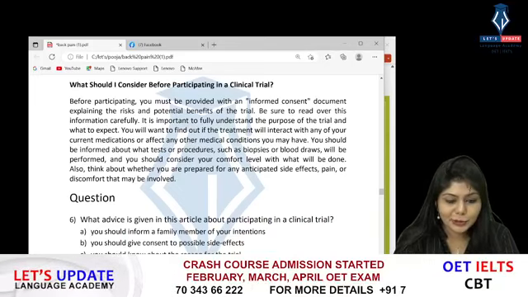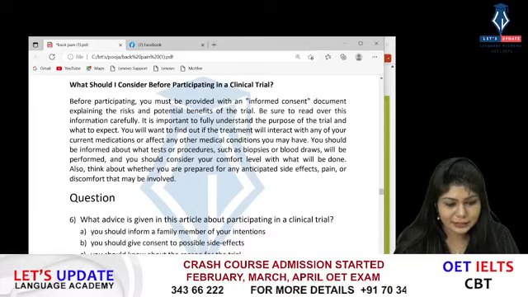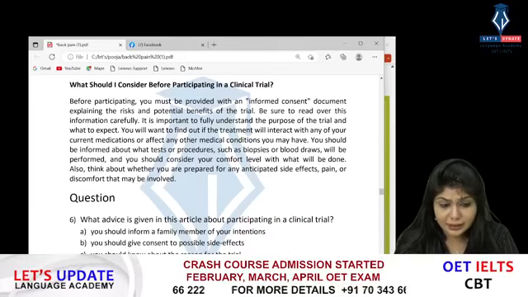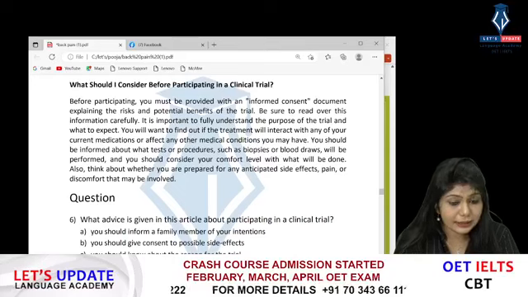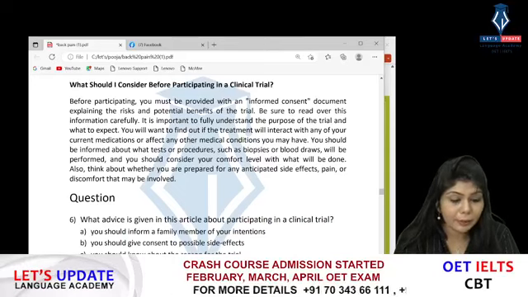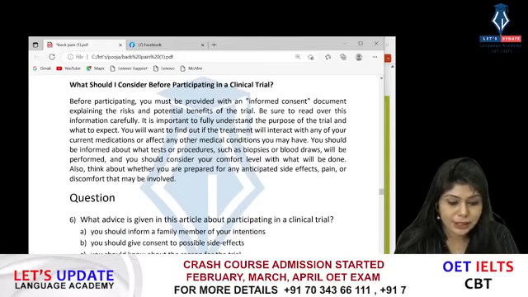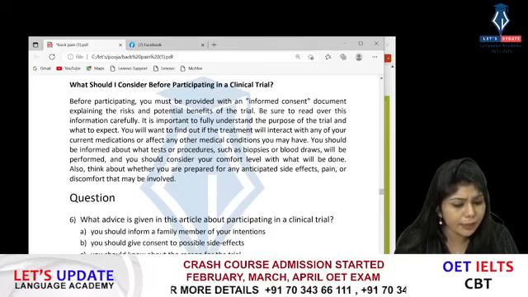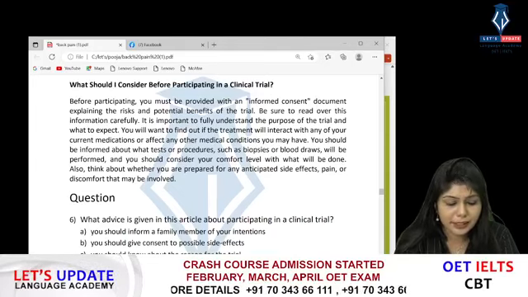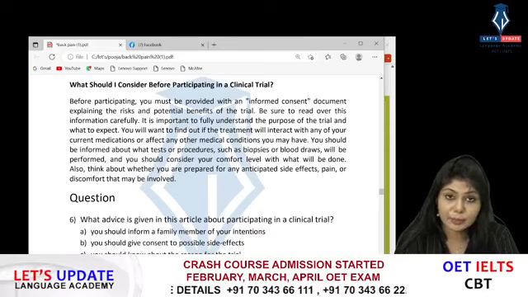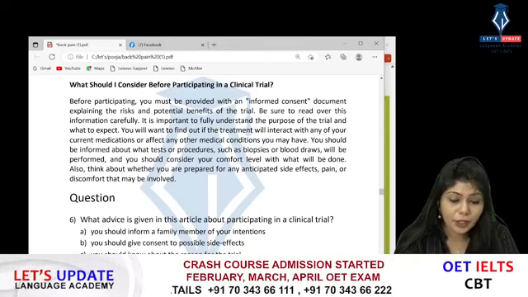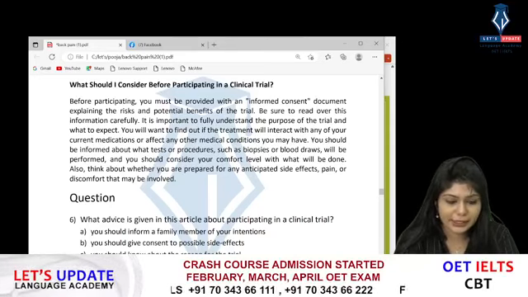And coming to the options, they were asking about the advice given in this article about participating in the clinical trial. Option A is you should inform a family member of your intentions. Option B, you should give consent to possible side effects. And option C, you should know about the reason for the trial.